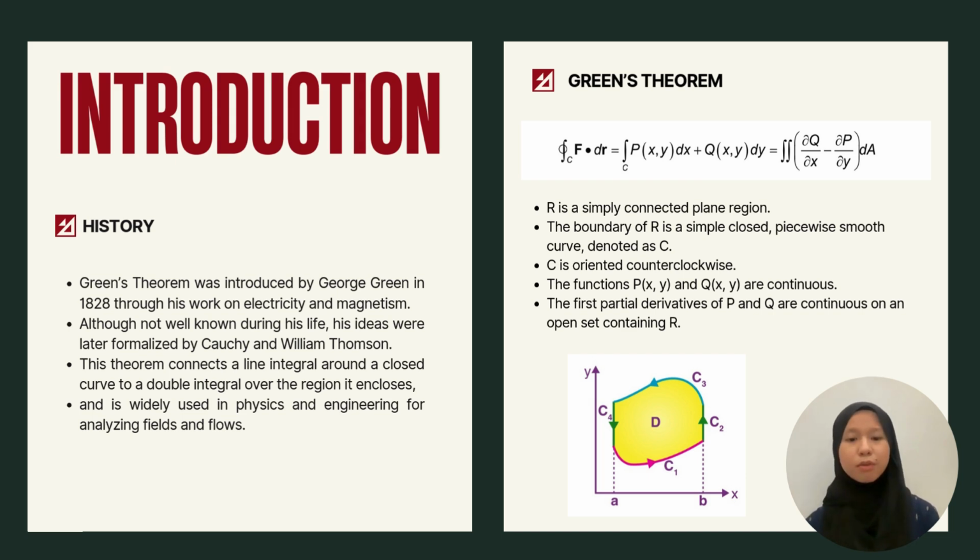The functions involved, P(x,y) and Q(x,y), along with their partial derivatives, must be continuous throughout the region. As you can see in the diagram, the curve forms the boundary of the region, and that is the area over which the double integral is evaluated.